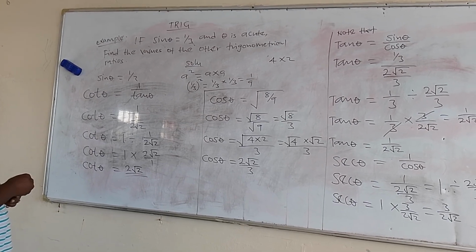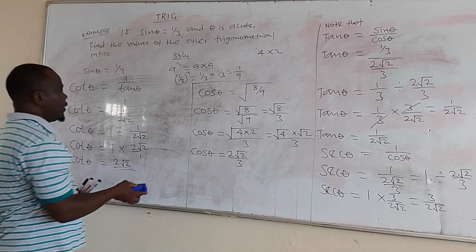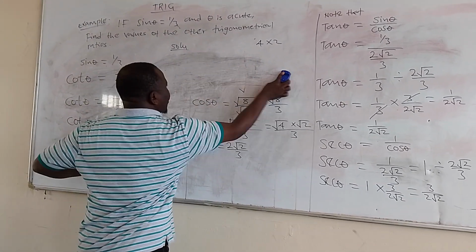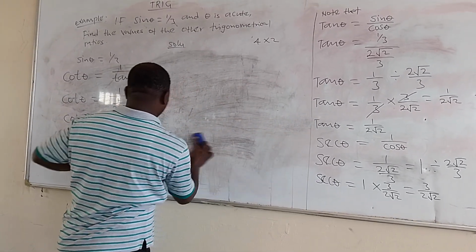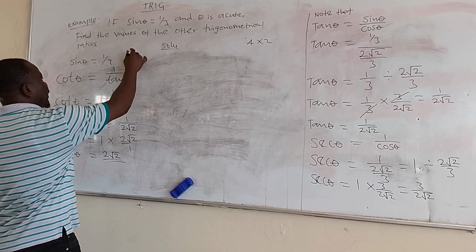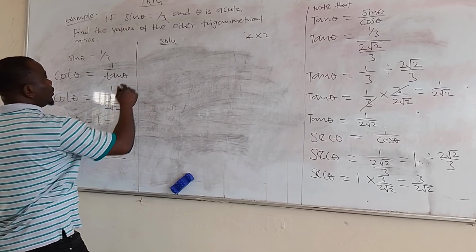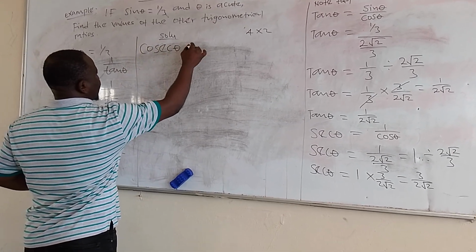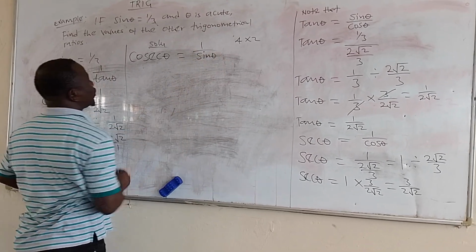Now, we are also going to look for cosec theta. Do you agree with me? Let's look for cosec theta. Cosec theta is equal to 1 all over sine theta. Please take note.